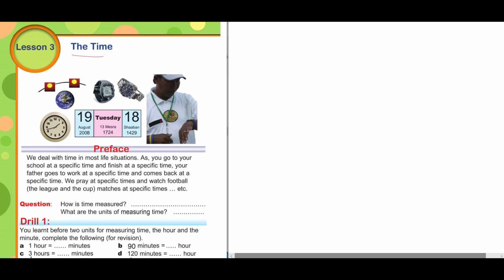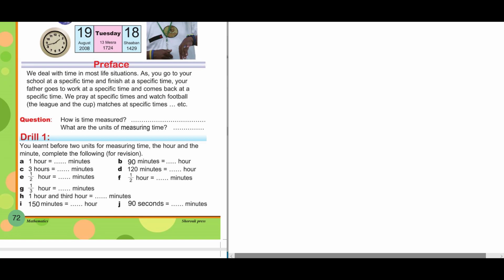You have to know the units of time. Look at here. We have the first unit called day. The next unit called hour.